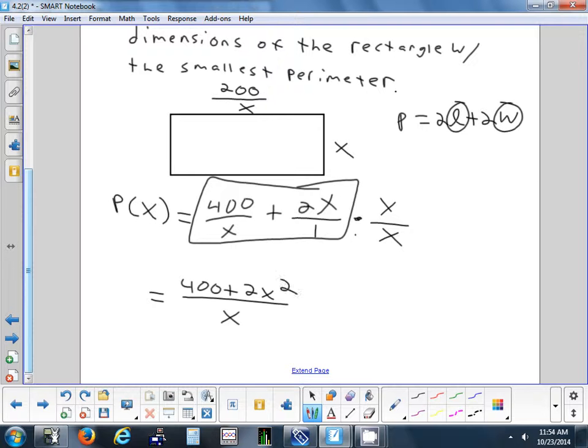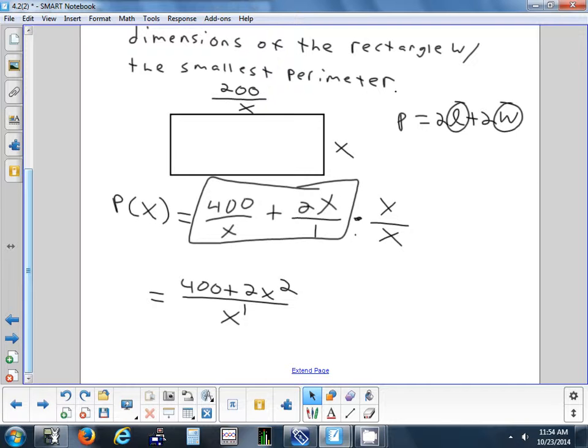The only reason I might do that is that now I can see I should be getting a slant asymptote, because the degree in the top is 1 bigger than the degree in the bottom. But again, that part isn't necessary. Let's just graph the original, 400 over x plus 2x. Just keep it simple.